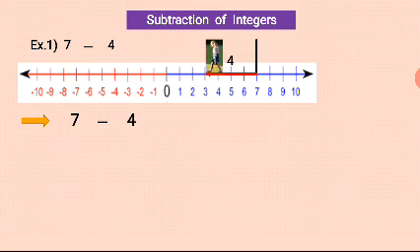She comes to positive 3. She comes to positive 3, which means positive 7 minus positive 4 is equal to 3. In this example we learn another method.